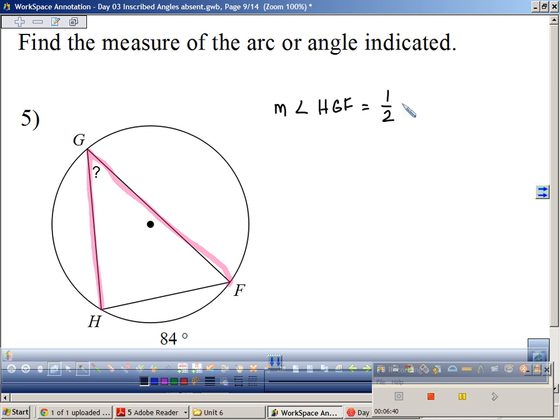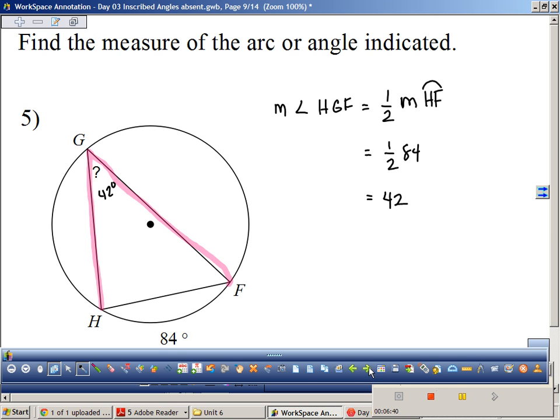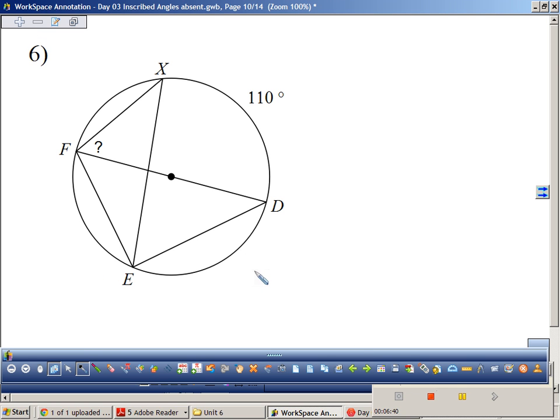So half of HF. The measure of HF is 84. And half of 84 is 42. So this angle is 42 degrees. Pretty straightforward, right?